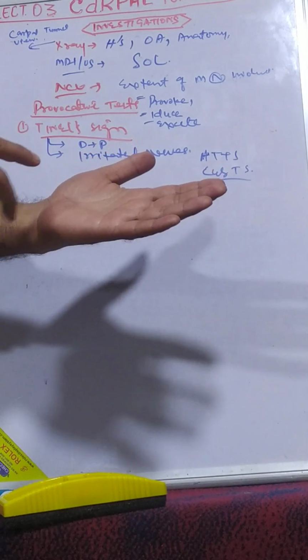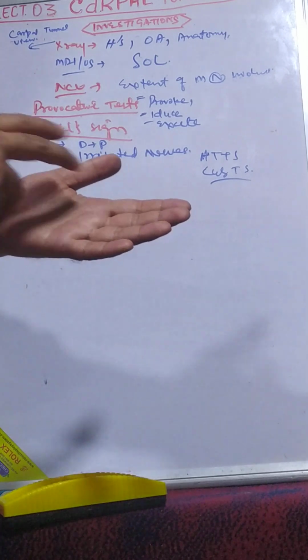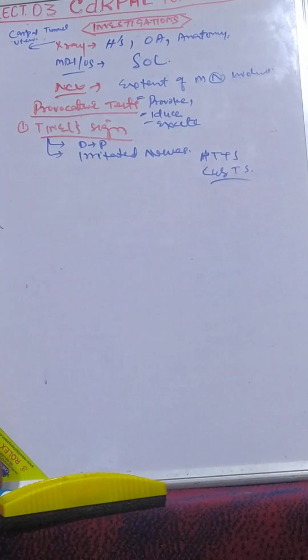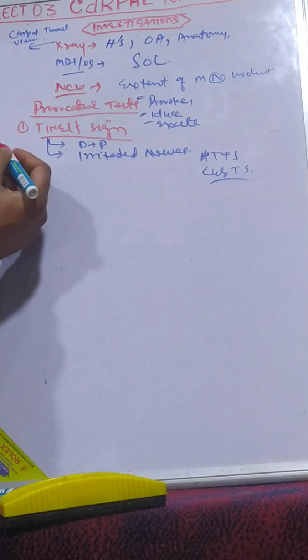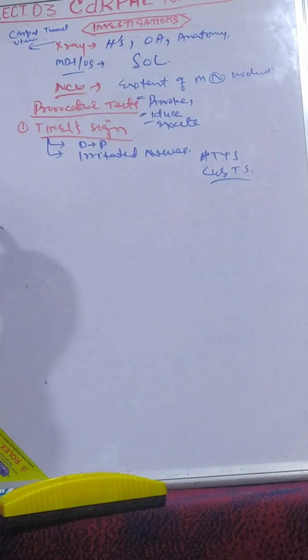After percussing the nerve, if the symptoms get replicated, that means Tinel sign is positive, and that is the diagnostic clue that it may be carpal tunnel syndrome.